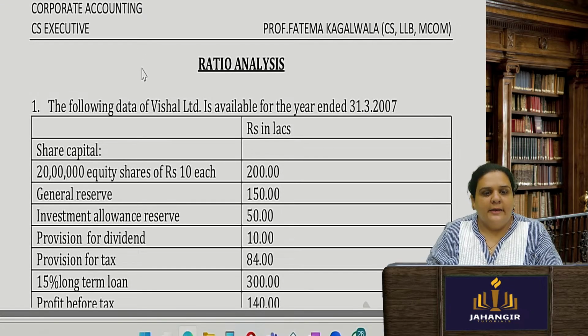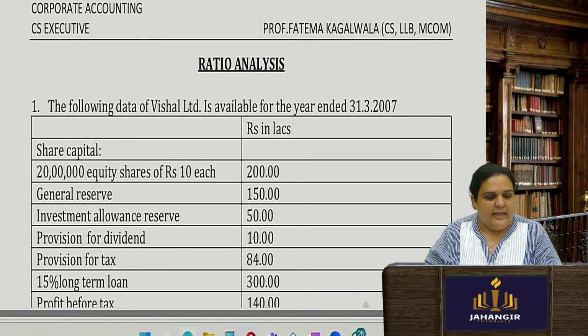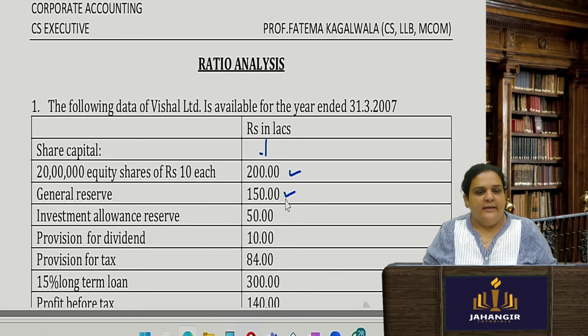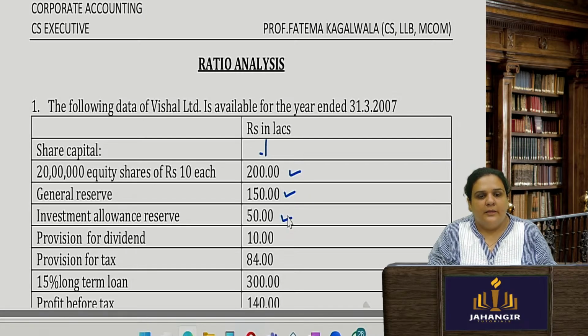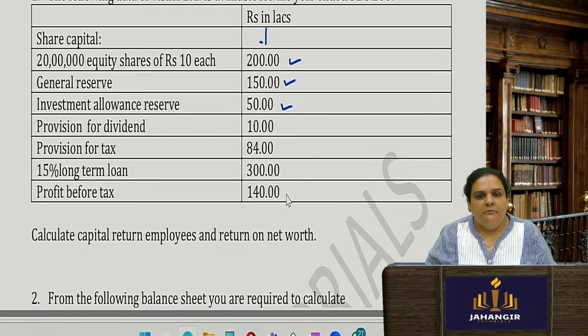The following data of Vishal Limited is available for the year ended 31st of March 2007. Share capital: there are 20 lakhs of equity shares of rupees 10 each, so in rupees lakhs they have written it as 200 lakhs. General reserve 150 lakhs. Investment allowance reserve 50 lakhs. Then we have provision for dividend 10.